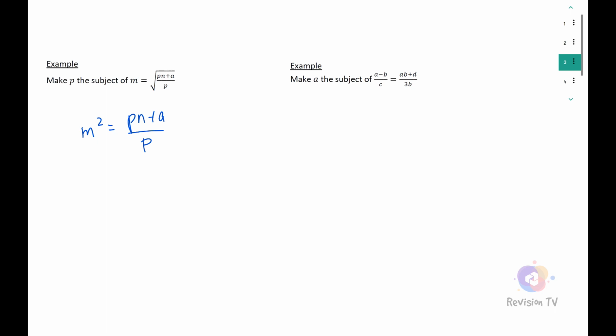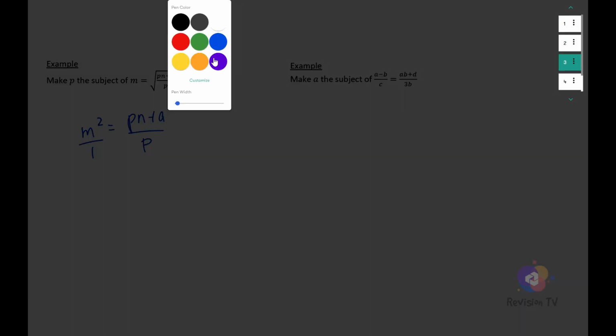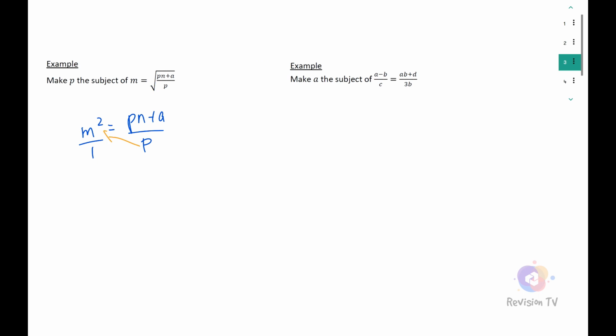Next, to get rid of the fraction, we're going to multiply by the denominator, or cross multiply if you want to put it that way. Cross multiply means you put the left side over 1, and then cross multiply like this. So on the left hand side, we've got m squared p equals 1 times that, which is just pn plus a.